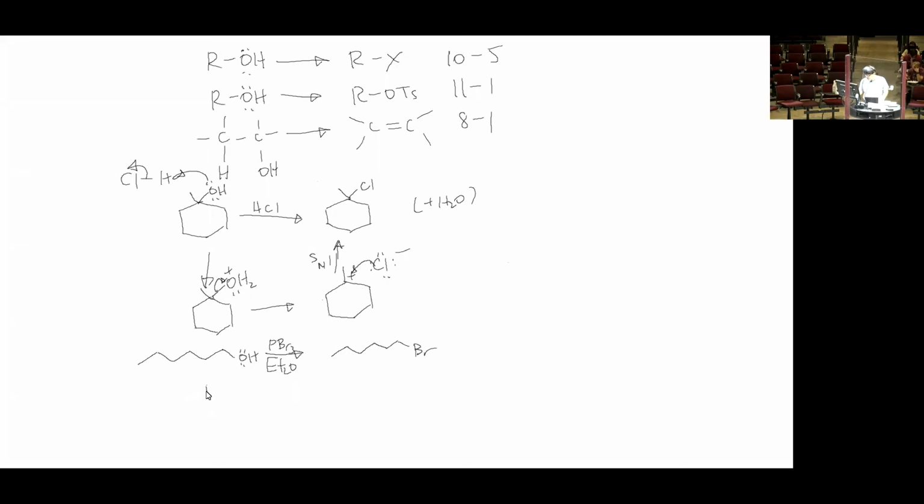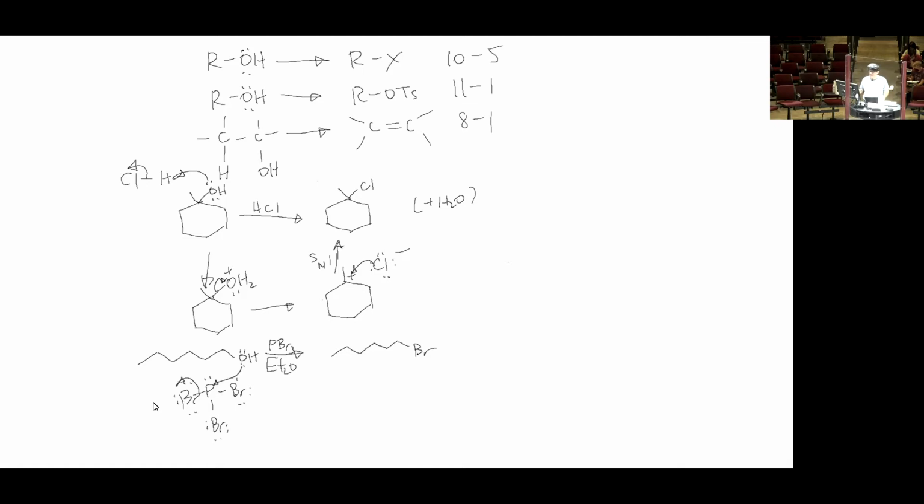Well, again, phosphorus isn't exactly the same thing as carbon. Not by any stretch. But I think we can think of that first reaction of the alcohol with phosphorus tribromide as being like an SN2 reaction.